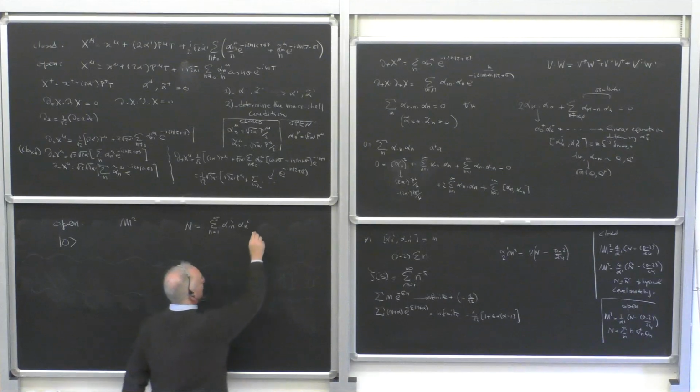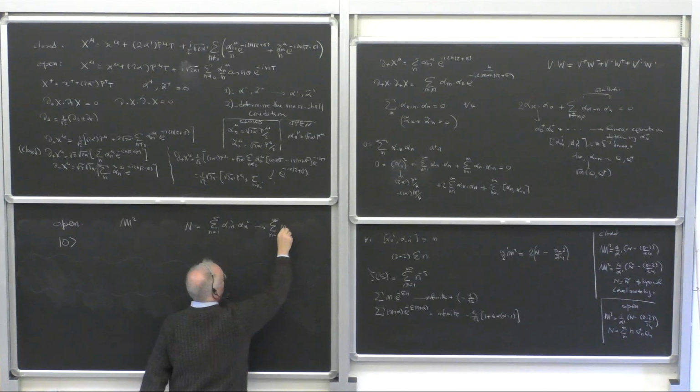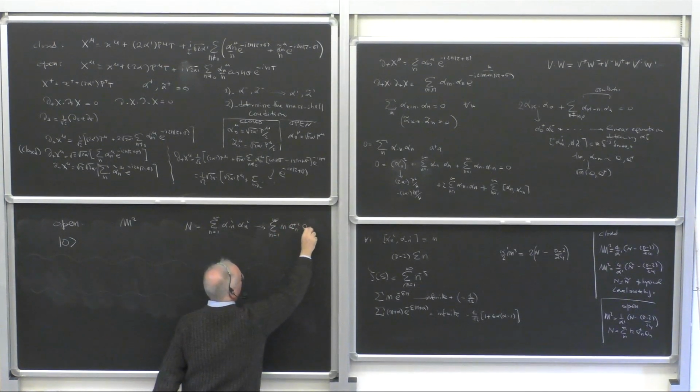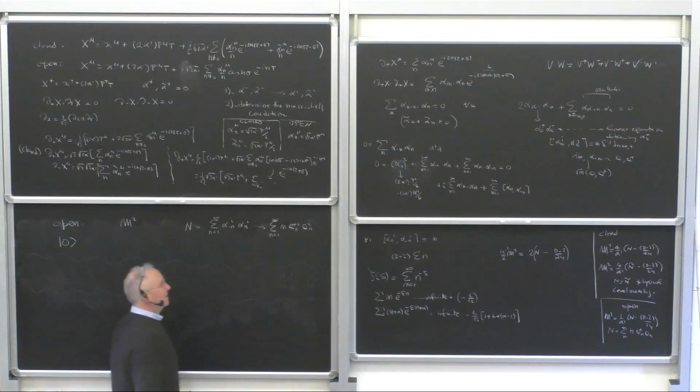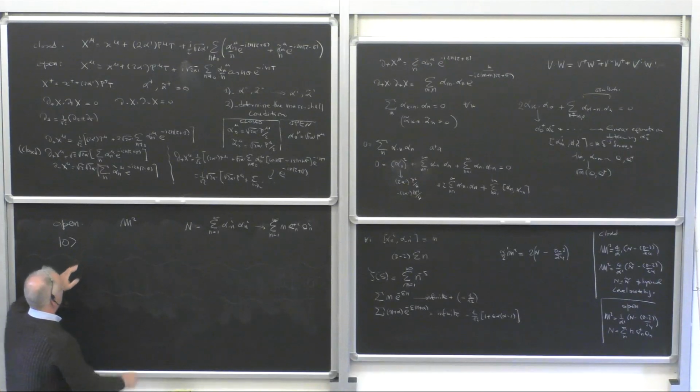And these, in terms of conventionally normalized oscillators, give you this type of sum. So in other words, if I apply this number operator to the vacuum, I get 0.